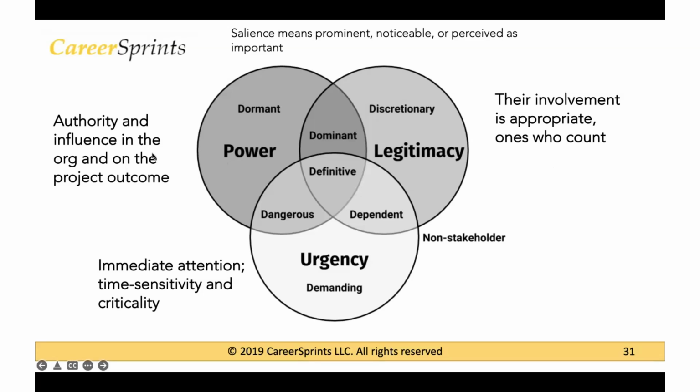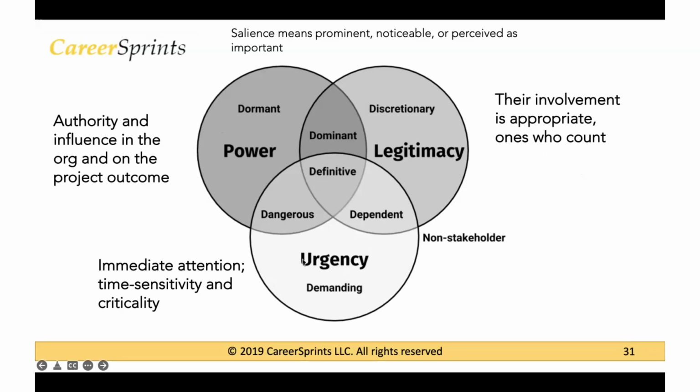You would use these three categories to define your stakeholders as dominant, definitive, dormant, discretionary, dangerous, demanding, or dependent. Any stakeholder who has high power and high urgency is a dangerous stakeholder. You need to really pay attention to this person, because this person can jeopardize your project in a way where your project can totally get derailed.